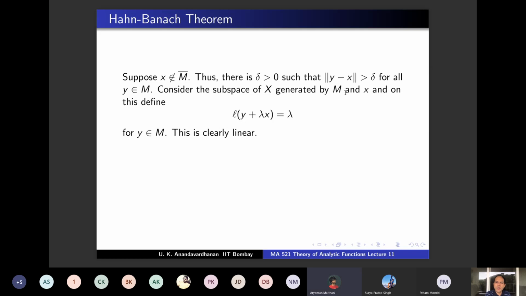So anything here will look like y plus lambda x for some y and some lambda, no? But the same point could have two different lambda pairs. So we show that the lambdas will be the same. Since x is not in M, it will follow that there is a unique representation.